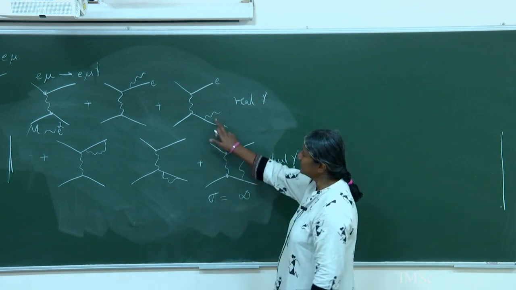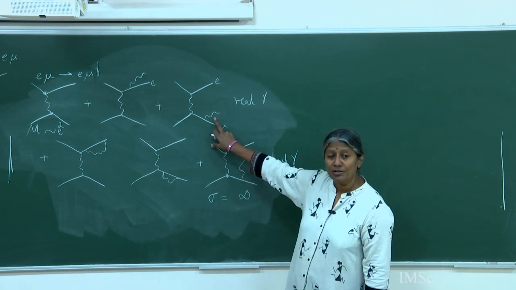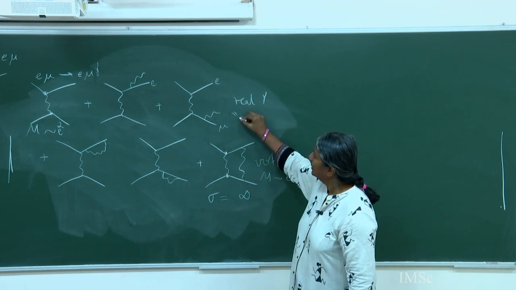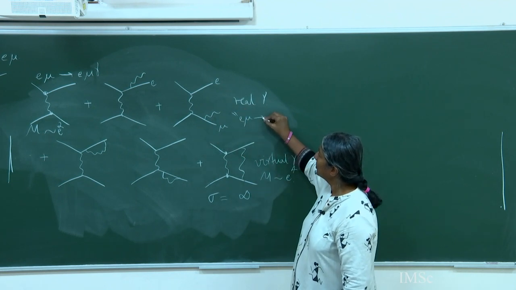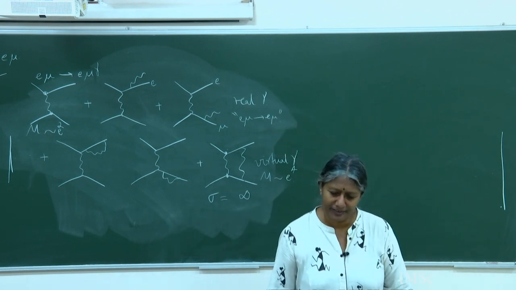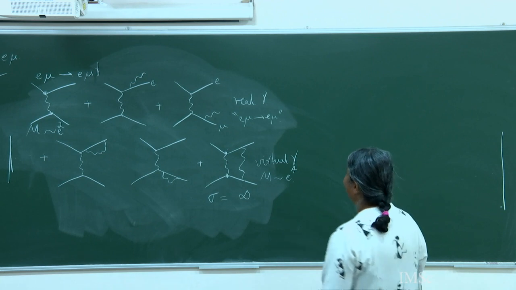It's possible that the energy momentum of this photon is so small that it looks like an e mu goes to e mu process. Some very nice things happen, and you can learn about it in the field theory course.